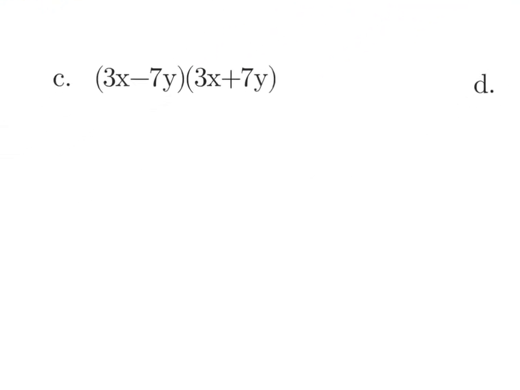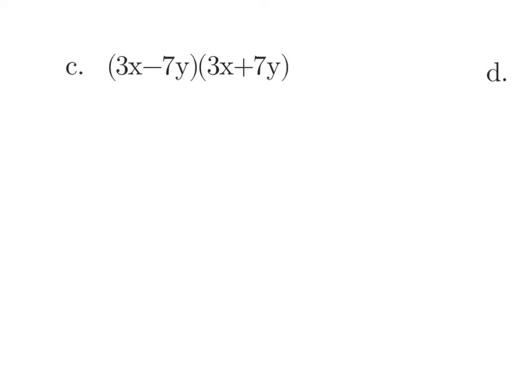All right, example C. We have difference of squares. If you recognize that, then that's great. If not, we can go ahead and again FOIL as well. So we get first, 3x times 3x is 9x squared. Outsides, we get plus 21xy. Insides, we get minus 21xy.